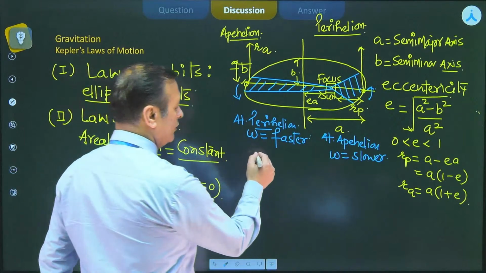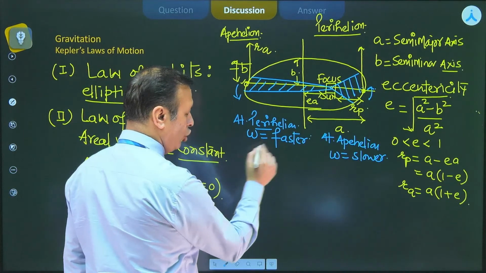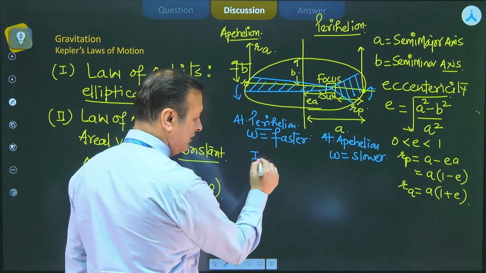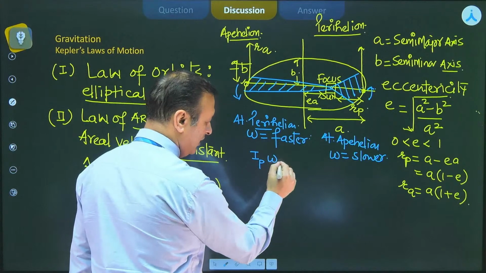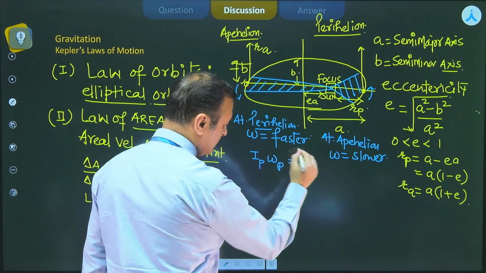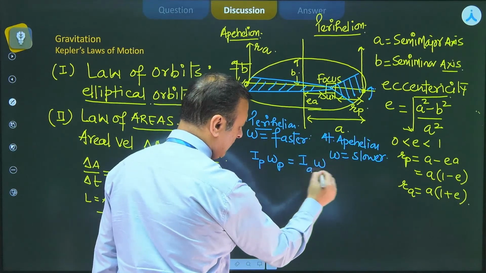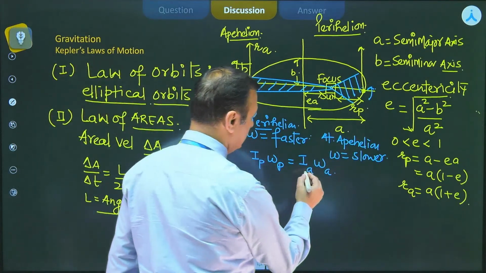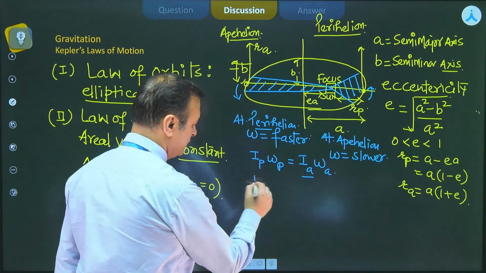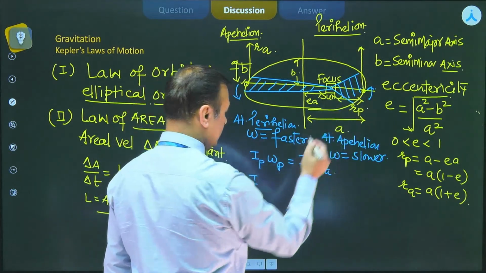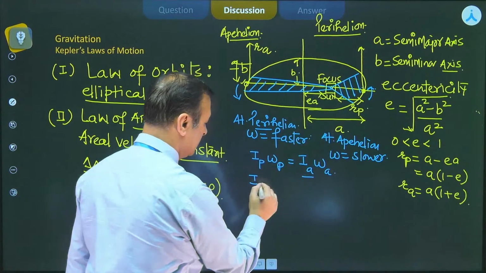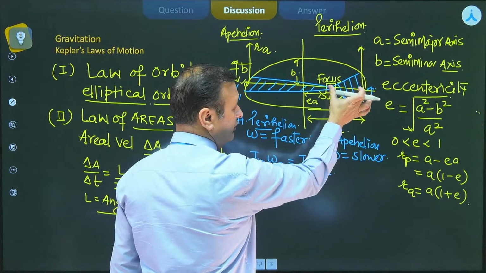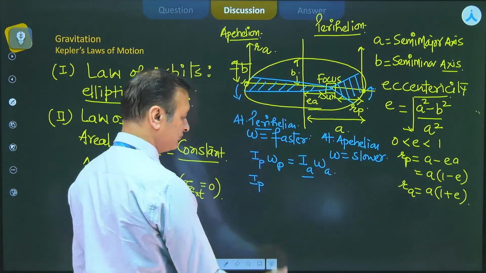This you can derive from the law of conservation of angular momentum, which clearly says I omega at perihelion is I omega at aphelion. Now if you look at the moment of inertia at perihelion position, this is nearby, so this perpendicular distance is a bit smaller.